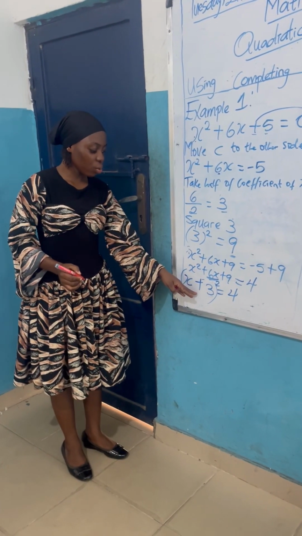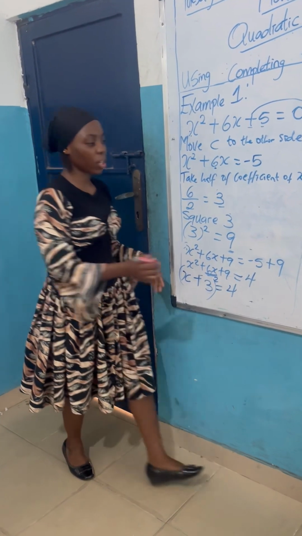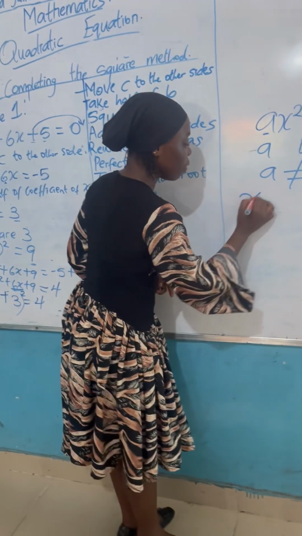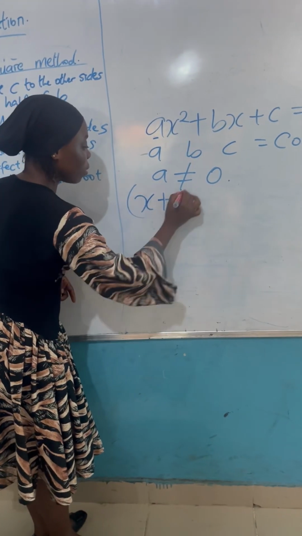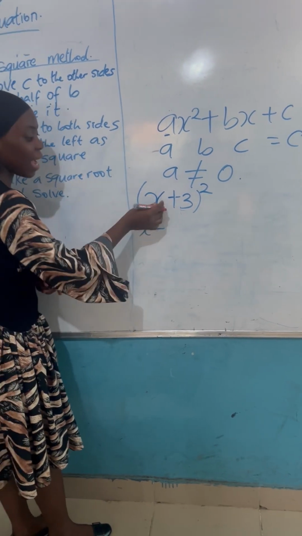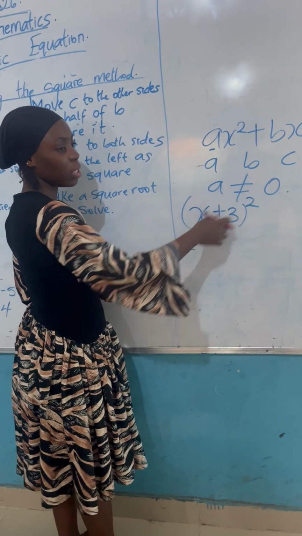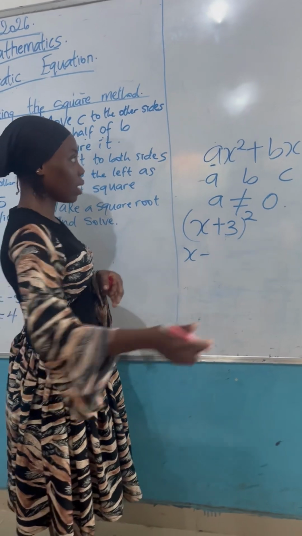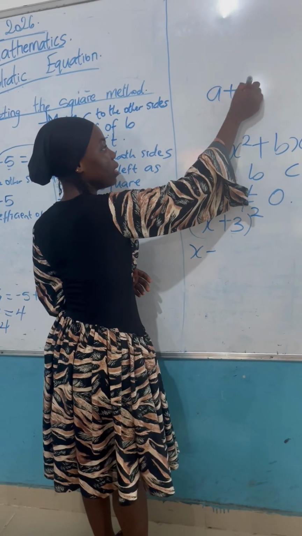Now, how are you going to know if this is correct? Let's check how to know if x plus 3 squared is actually a perfect square. x plus 3 raised to power 2 is the same thing as x plus 3 times x plus 3, like a plus b.